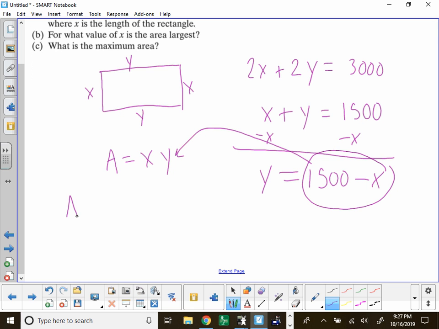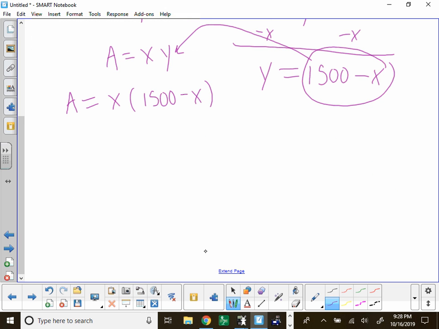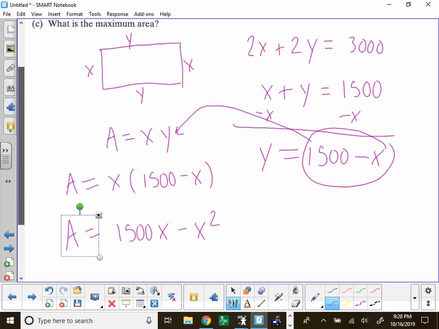So area is equal to x times 1500 minus x. And then I can distribute, and you can see the quadratic. Area equals 1500x minus x squared. And you can do the negative b over 2a again and find the maximum again.